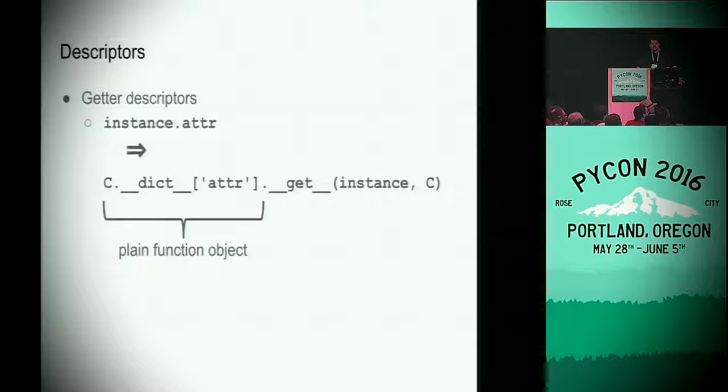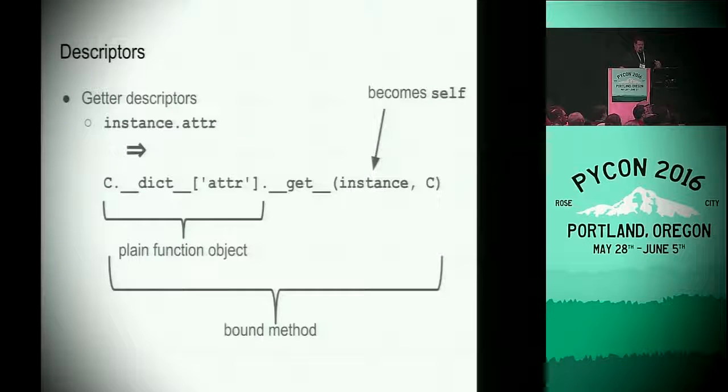So in this case, since we're looking it up, we'd call under get if it exists. Under get is how a function turns itself into a method. So it'll be called with the instance itself and with the class, and it'll take that instance and make that self because it knows what it's been called on, and then return something that only needs to be called with the remaining arguments, not with self.